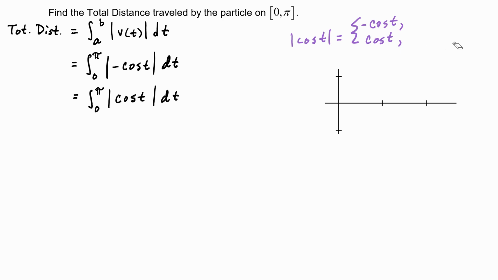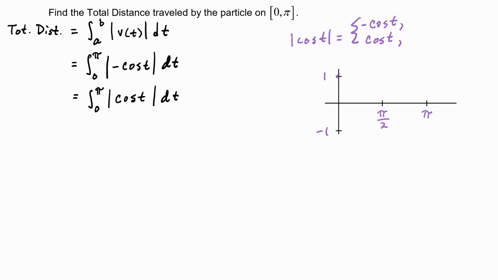So to figure that out, let's take a look at the graph. We know the range of cosine is -1 to 1. We know our interval is from 0 to pi, so let's put pi over 2 here and pi.